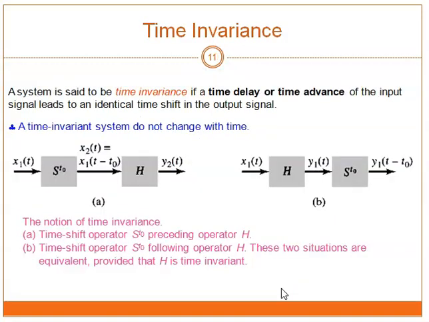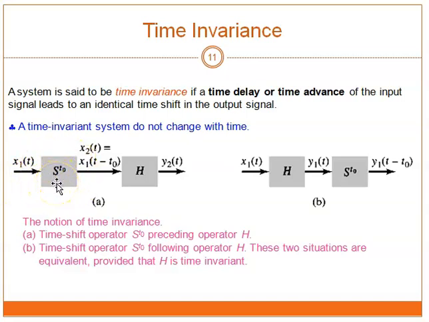Next, we have time invariance. A system is said to be time invariant if a time delay or time advance of the input signal leads to an identical time shift in the output signal. Here, the first diagram shows a signal coming into a delay system.